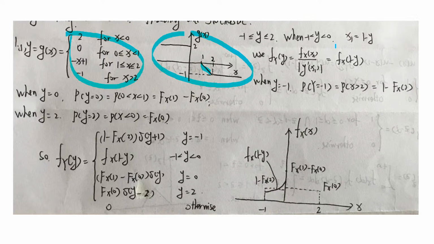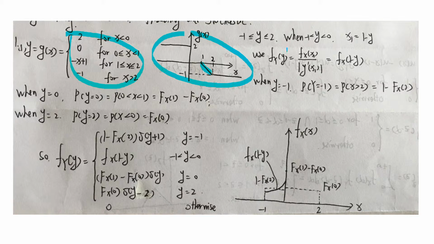The first is when y is located in the range between negative 1 and 0. We can tell from this diagram that when y is in the range between negative 1 and 0, it should be this part, and this part corresponds to the range of x from 1 to 2 here. So g(x) should be negative x plus 1, which is not constant.